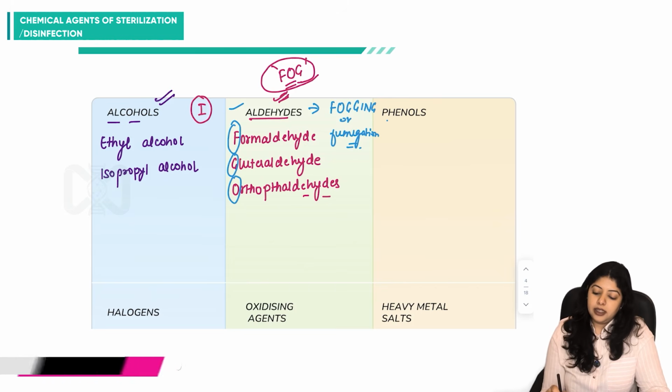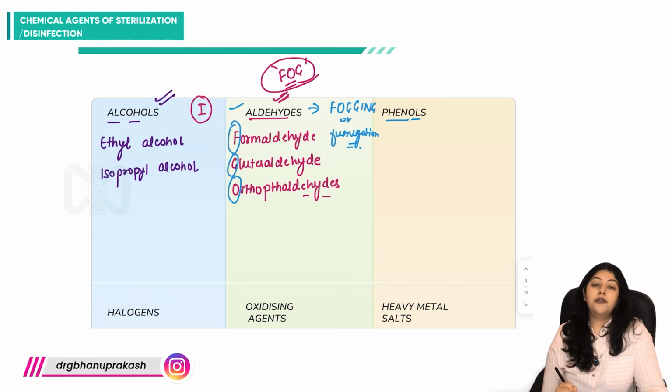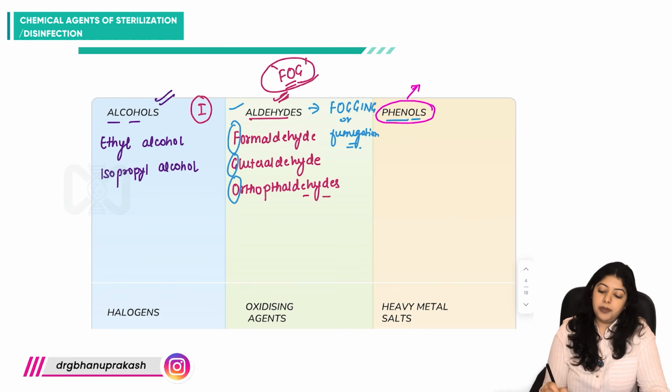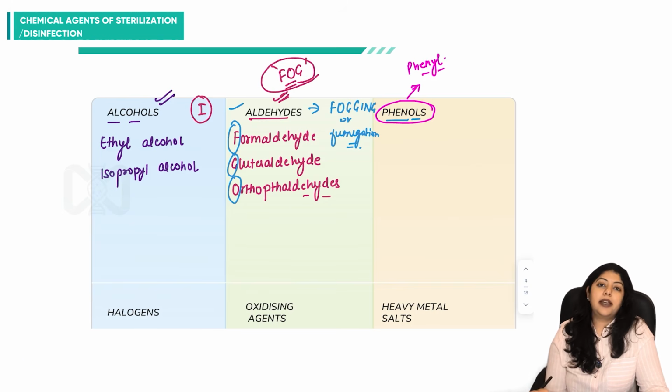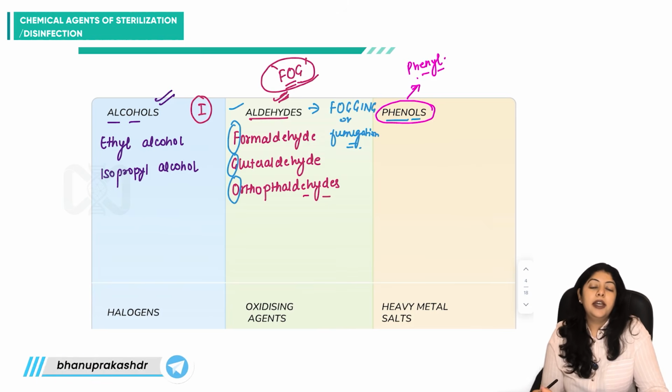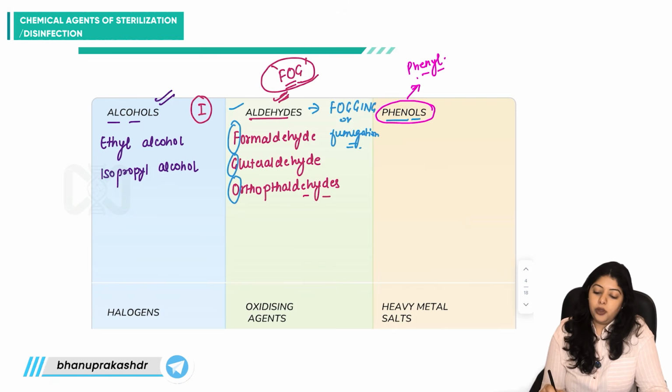Now the next category is phenols. Most of us might be aware that phenyl is being used as a surface cleaning agent or surface disinfectant in most of our houses, right? So with phenols, we can remember phenyl.